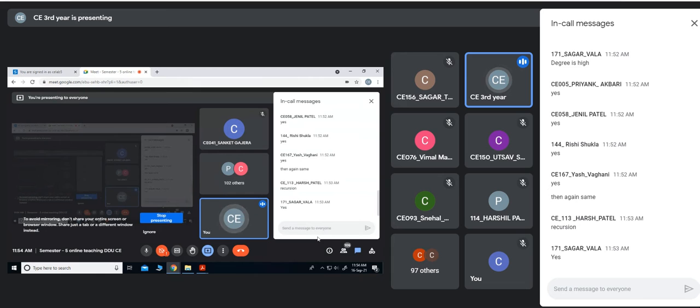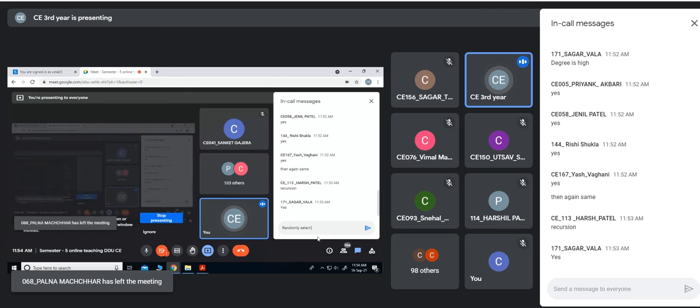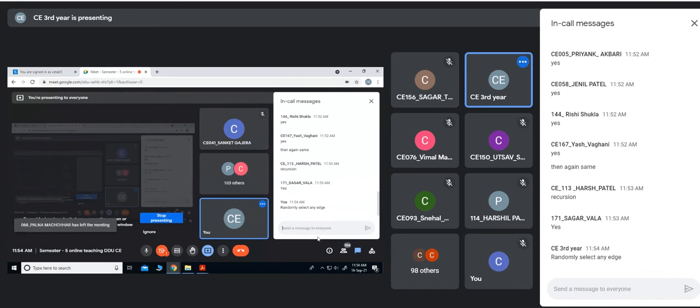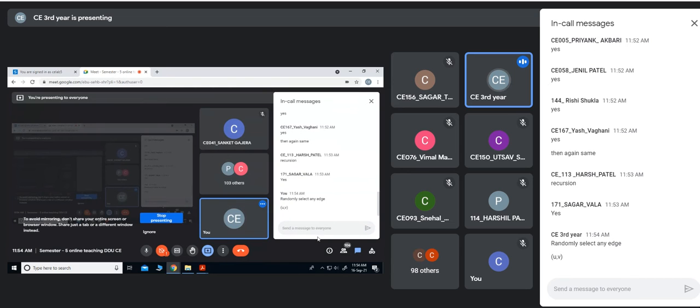So what I will do, I will randomly select any edge. The edge has two endpoints, u comma v. The graph is undirected, I assume that, right? So I randomly select any edge u comma v from the given graph. Then what should I do?